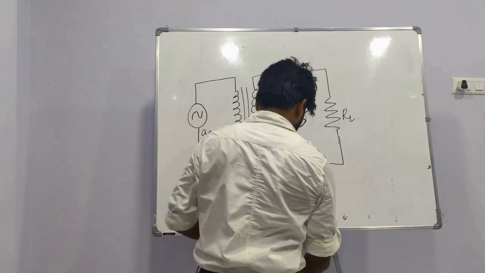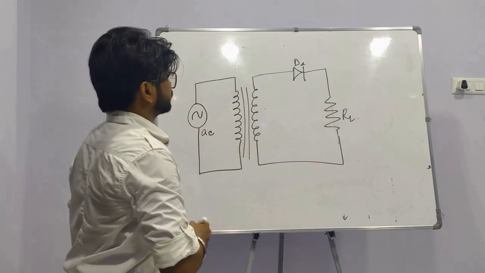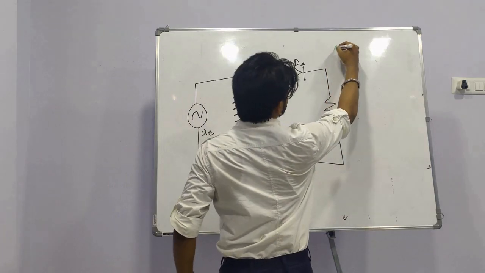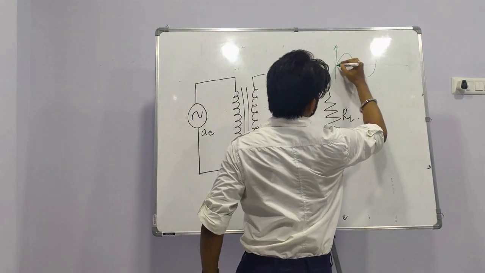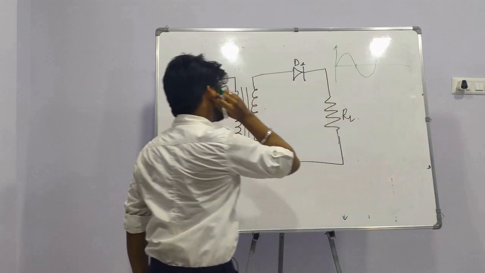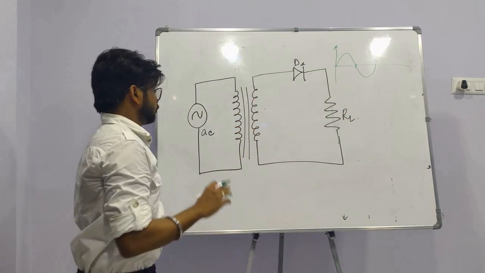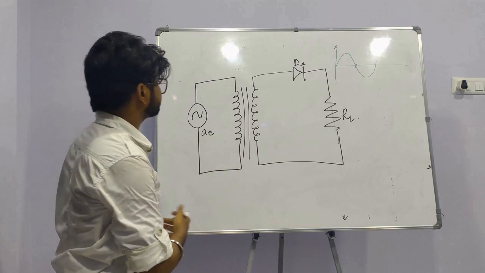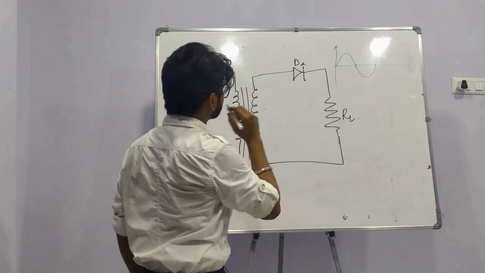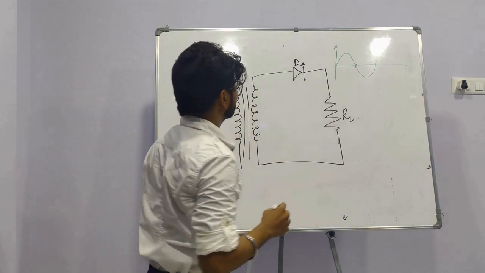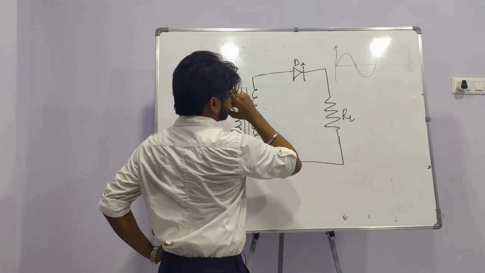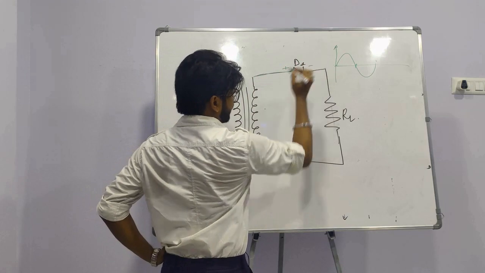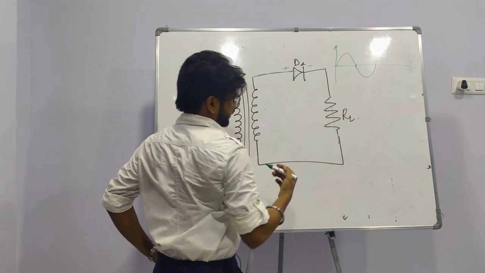So let us assume this is the input signal, a sine wave. It has two half cycles, the positive and the negative half cycles. So in the positive half cycle, the diode is forward biased and it is conducting.